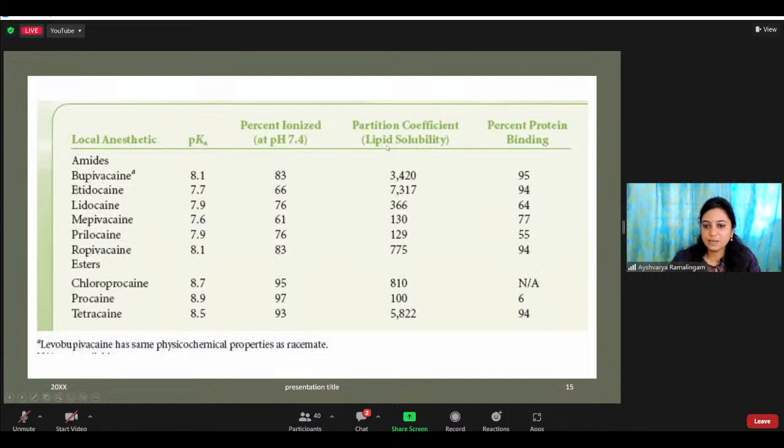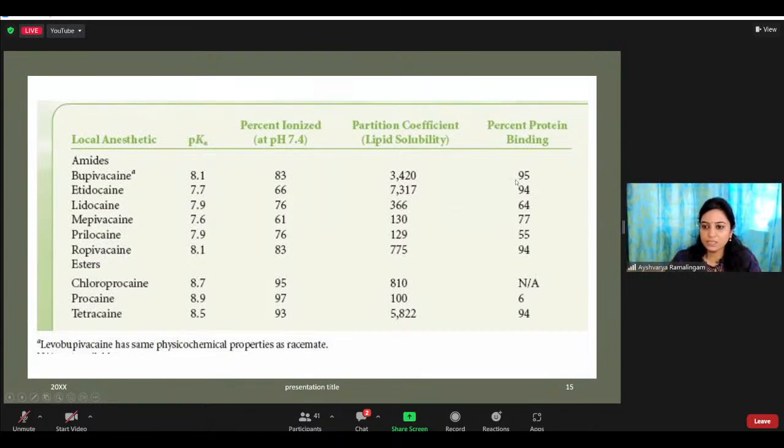You can see that the lipid solubility is very high for etidocaine, bupivacaine, and tetracaine. All these local anesthetics have very high potency. That is, a small dose of drug can cause a blockade equivalent to that of the others which have lower lipid solubility. For protein binding, bupivacaine is 95% protein bound, ropivacaine is also very similar at 94%, and lignocaine is only 64%.